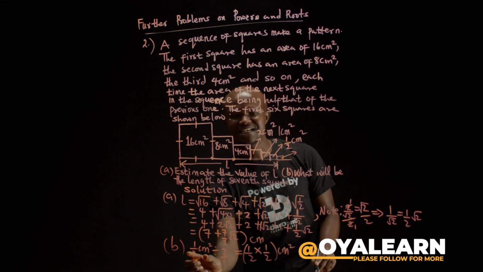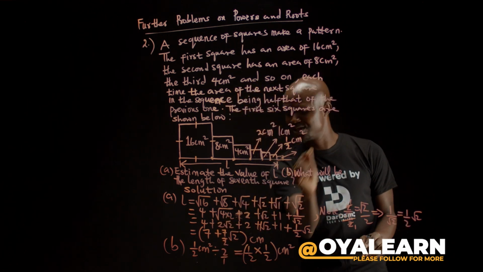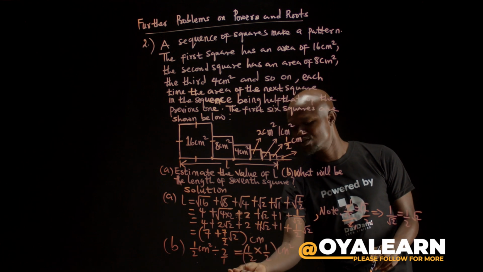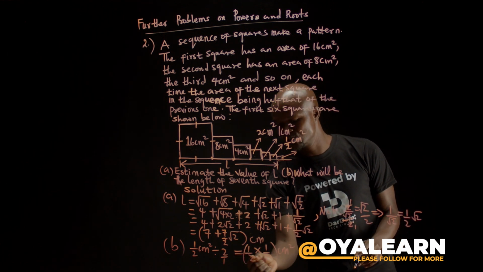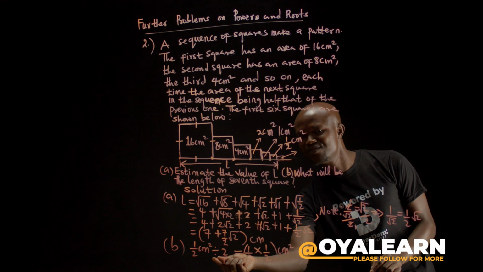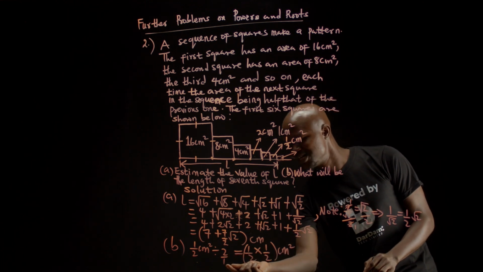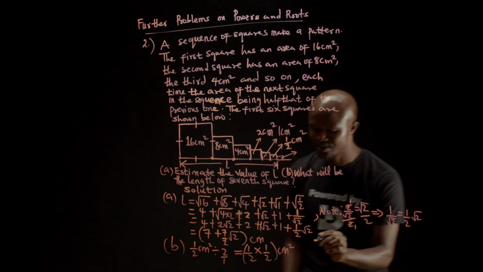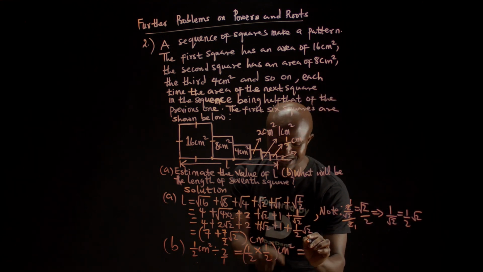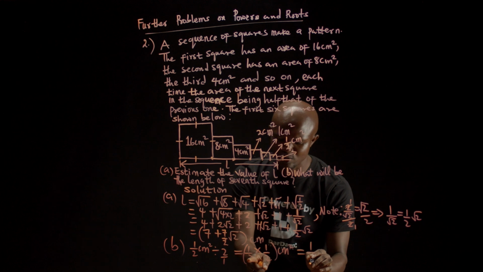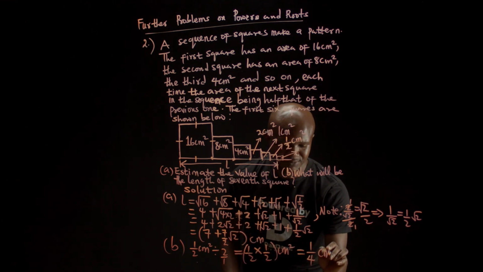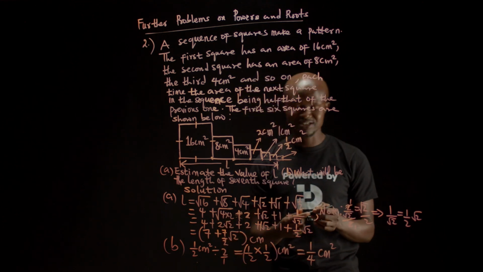Dividing by 2 is like multiplying by 1 over 2. When changing division to multiplication, the denominator becomes the numerator and the numerator becomes the denominator. So this gives us 1 times 1, we have 1, and 2 times 2, what do you have? This is 1 over 4 centimeter square. That is the solution to the problem.